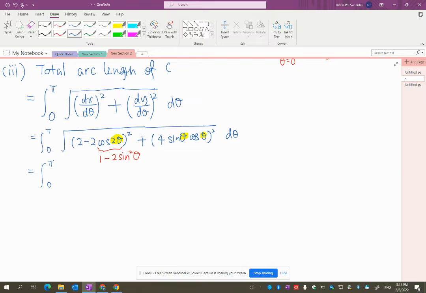Okay, so we're going to do that. Then the 2 will be cancelled. Let me write this down. The 2 minus becomes a plus.